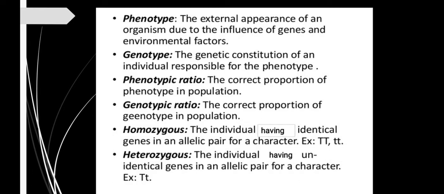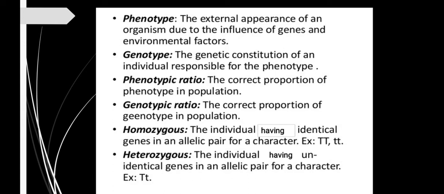Now, there are two other terms, homozygous and heterozygous. I told you an individual has a pair of alleles, and if that individual is having an identical pair of alleles, identical genes in an allelic pair for a character, they are called homozygous. That gene is said to be a homozygous gene, and that individual is said to be a homozygote. For example, capital T capital T. Homo means identical.